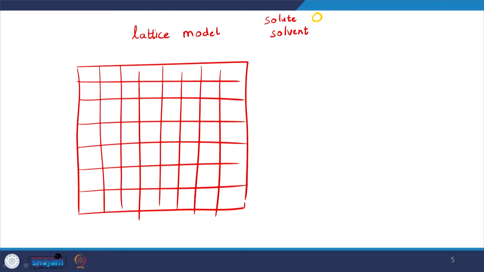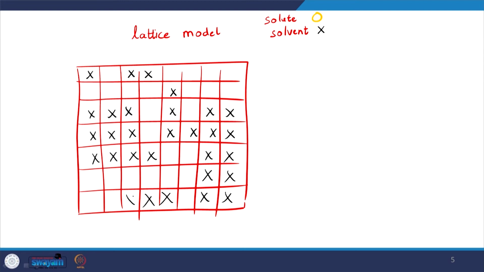So let's say this is my solute and this is my solvent, right? So each of the cells can be occupied by the solvent. I am leaving some space for the solute. So all these cells can be occupied by a solute or a solvent. So let's say this is where my solvents are, and let's say this is where my solute are.